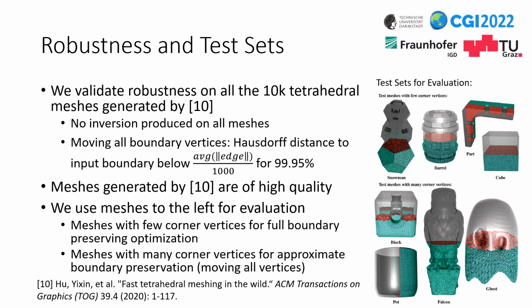As the meshes generated by Hu et al. generally are of high quality already, we use a specialized test set with critical mesh quality. Since our boundary preserving method is best suited for meshes with few corner vertices, we classify the test set in meshes with few and with many corner vertices.